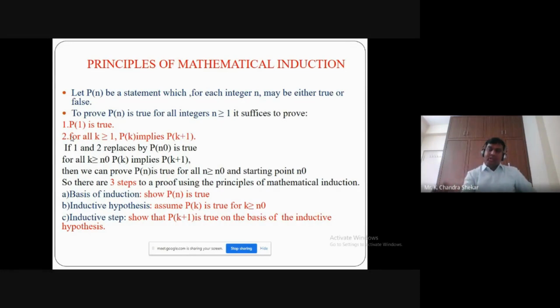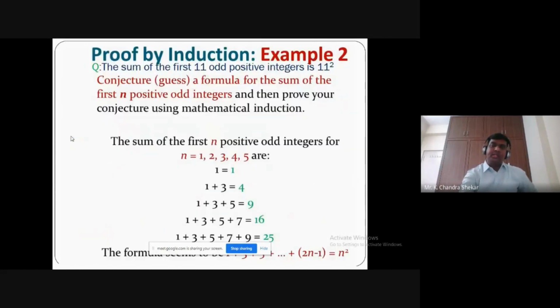If you are able to prove for P of k plus 1 that the given statement is true, based on the assumption made at n equal to k, then you can say that the given statement is universally true, a general statement, a standard statement.